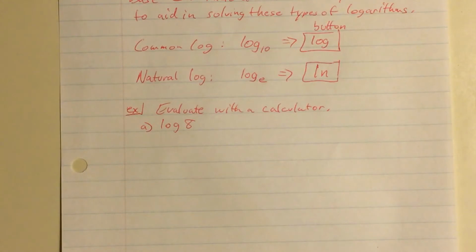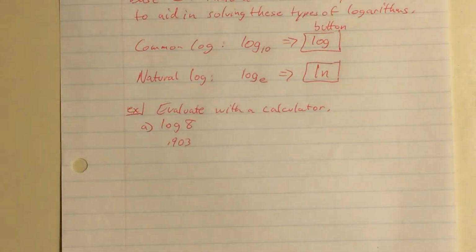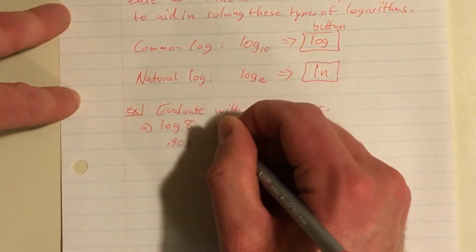So when it's log 8, it's actually log base 10, and you can punch that in your calculator. Some of your calculators, you'll have to do the 8 first, then the log button. But most of your calculators, you can hit the log button first and then 8, and you should get 0.903. It's pretty common to round logs to 3 decimal places, so that's what we'll do. Let's try another one.